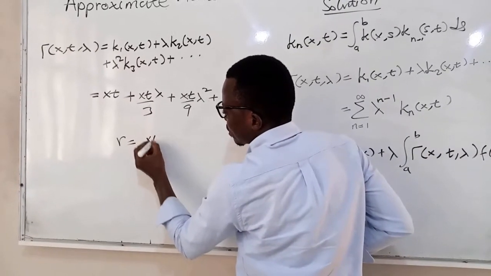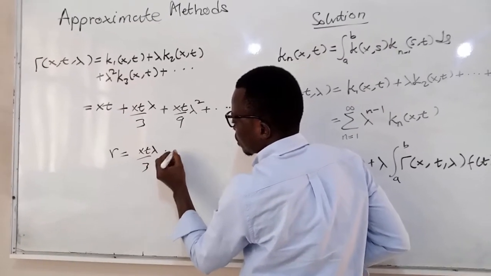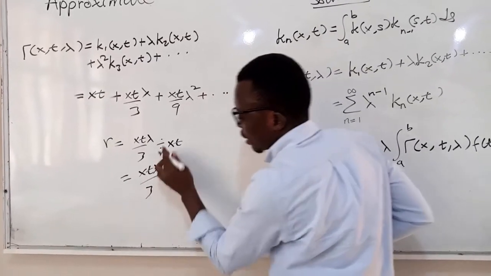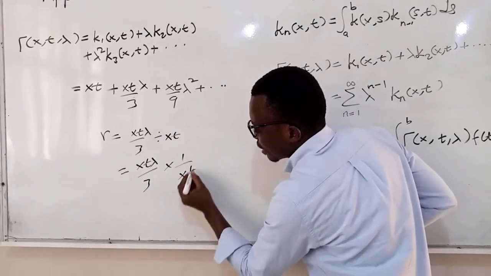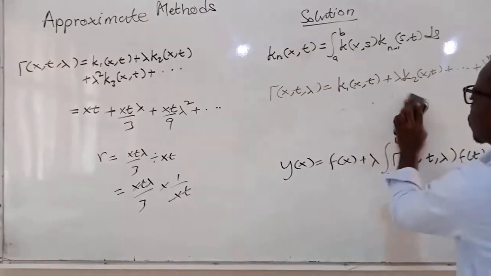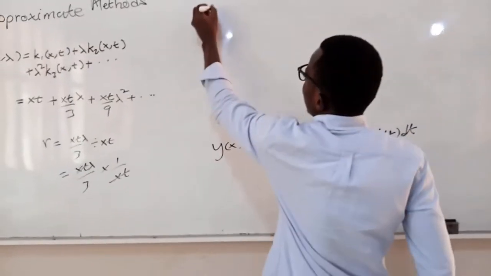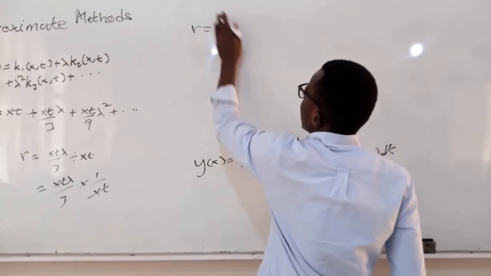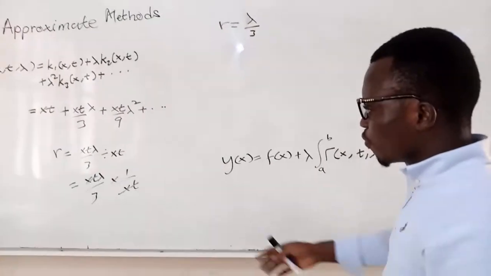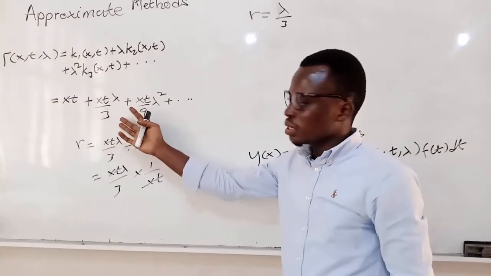So st lambda divided by 3 divided by st, which is the same as st lambda divided by 3 times 1 over st. This st will cancel this st. Now our ratio of progression becomes r equal to lambda over 3. So from this, you can easily find the sum of this geometric progression.